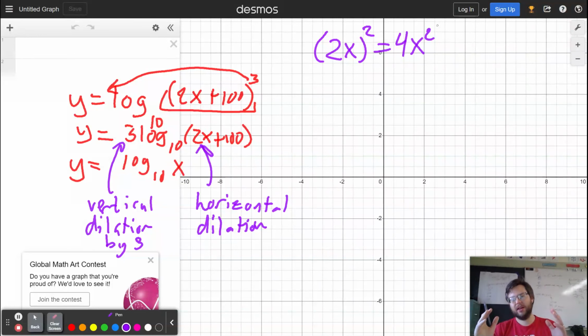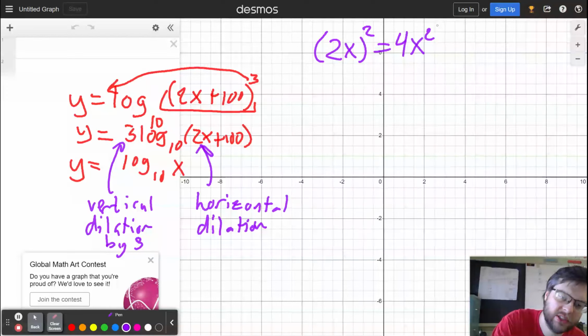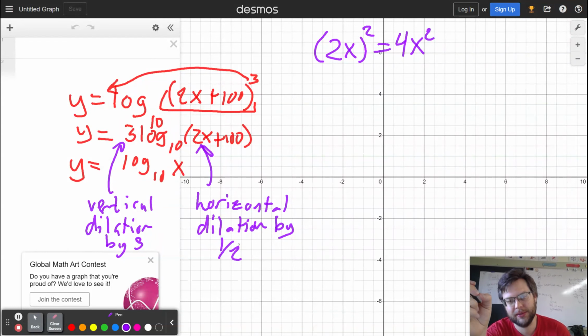So the idea there is that twice as skinny makes it 4 times as tall. The same general idea is true for every function, that if you multiply on the inside, it gets skinnier, which usually also makes it taller. So the horizontal dilation, I'm going to write 1/2 to show you that it's getting half as wide.